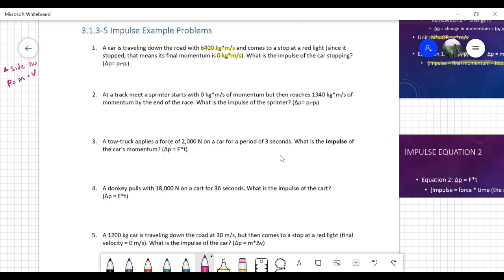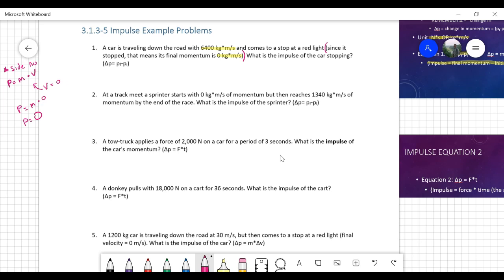If your velocity equals 0 and you plug that into that equation, it doesn't matter what the mass is, your P will be equal to mass times 0, and anything times 0 is 0. So coming to a stop means momentum is 0. You'll see things like this on the quiz where I might not tell you explicitly that momentum is 0. If I say it stopped, that should imply that momentum is 0.